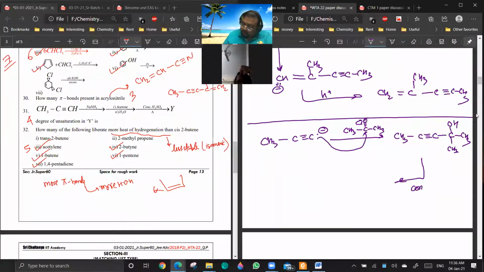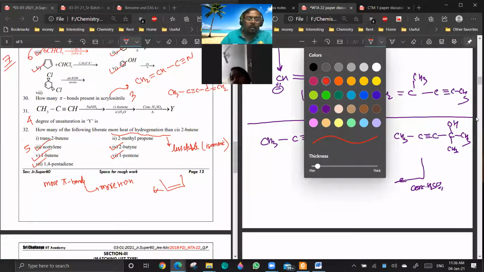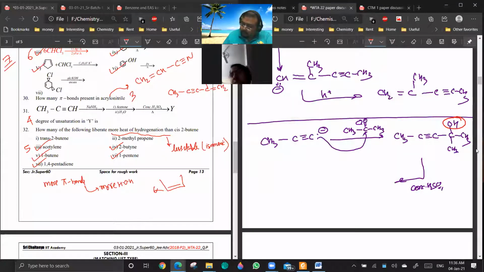And if you use concentrated H2SO4, it will undergo elimination of water. One minute, there is background noise. Okay. Yeah, so OH and H will be going out. So we're getting CH3 C triple bond C C CH3 double bond CH2. Is it clear?